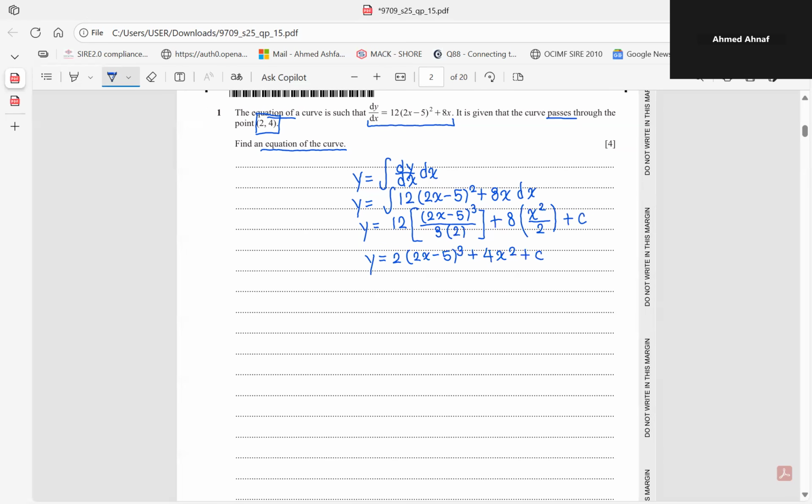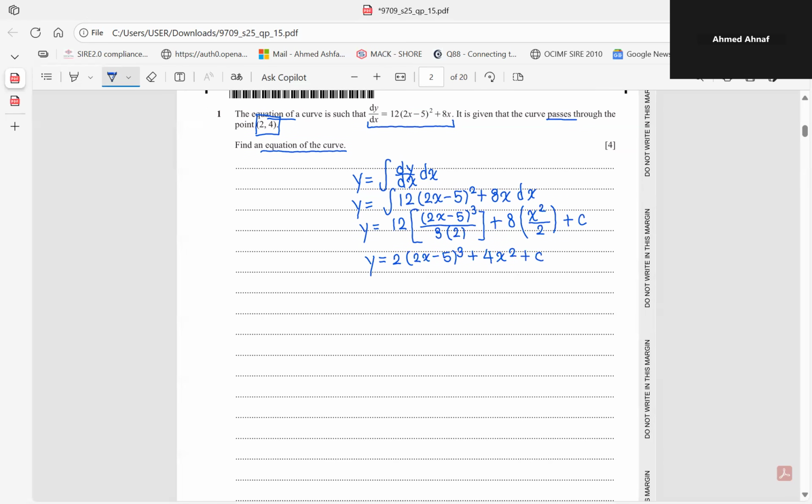Okay, so this is our equation. Now we just have to find the value of c to finish this. To do that, we're going to use our second piece of info, where it says the curve passes through the point (2, 4). So we're going to substitute x equals 2, since 2 is the x coordinate, and y equals 4.